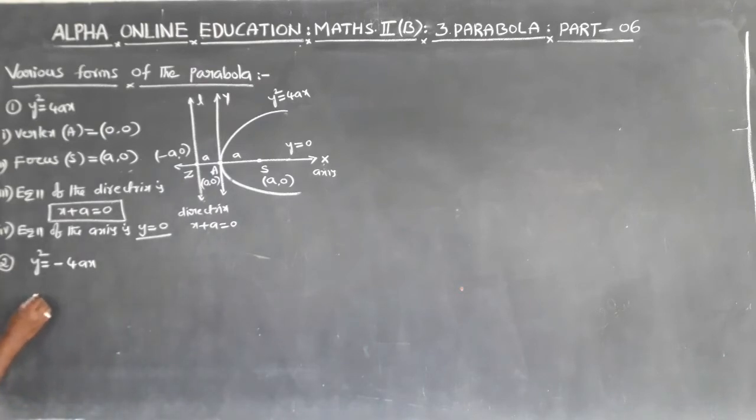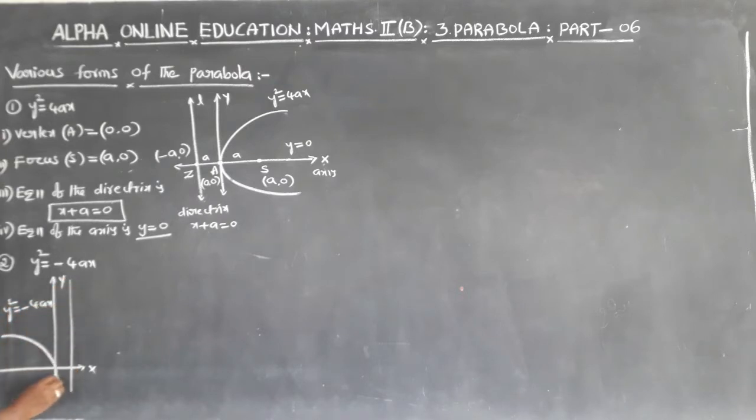Y square is equal to minus 4ax parabola diagram. This is the x-axis. This is the y-axis. This is the parabola y square is equal to minus 4ax.